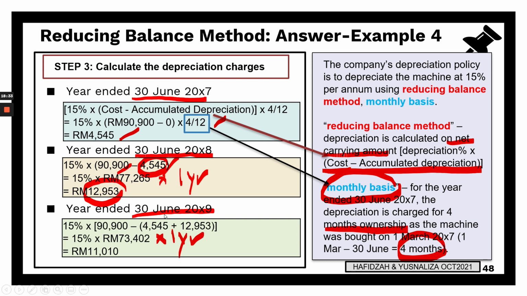So the depreciation for that year is 11,010, which is actually somehow decreasing in the second and third year, but in the first year it was the lowest since we use monthly basis, and it was just with us for just 4 months.